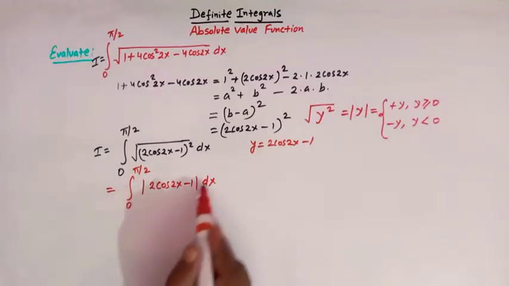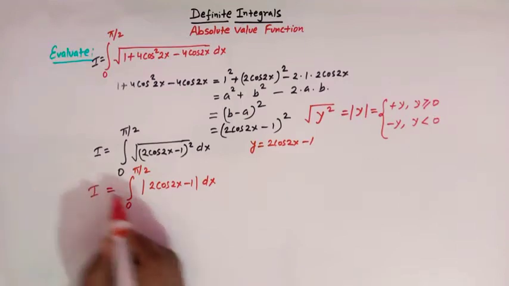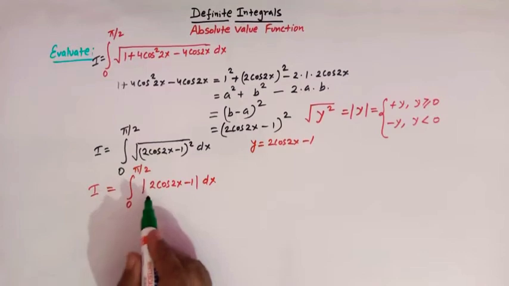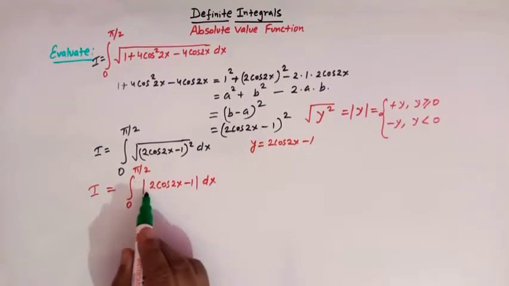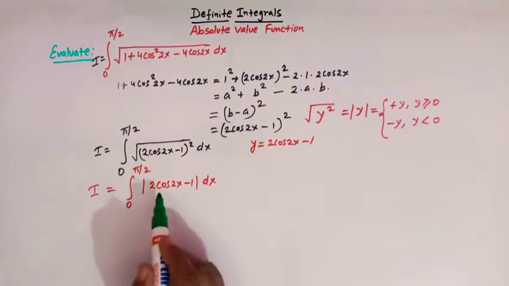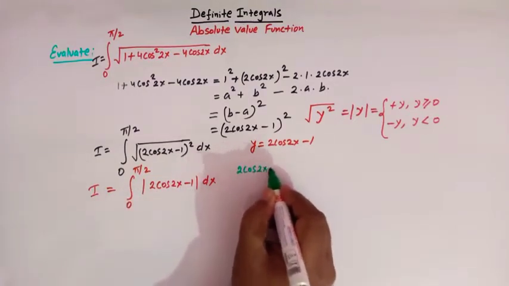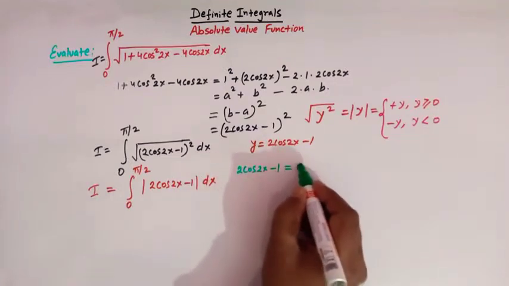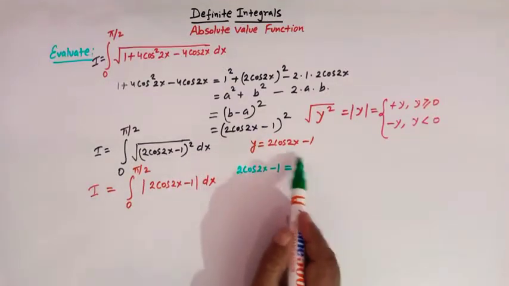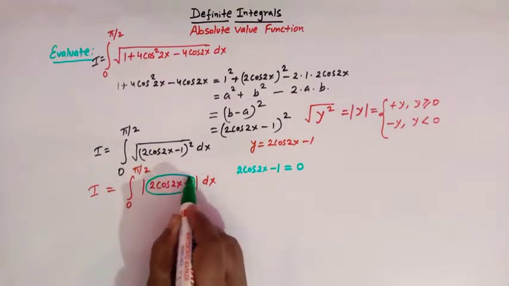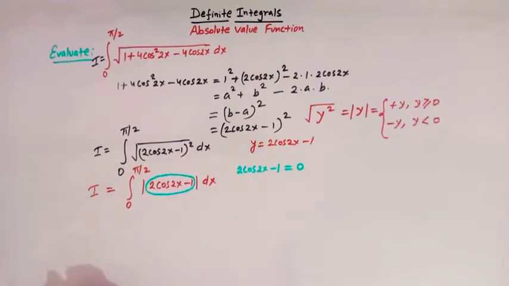Now we have to find the value of this integral. Before proceeding further, let us first find the critical points, where 2 cos 2x minus 1 is equal to 0. So we'll solve this expression equal to 0.